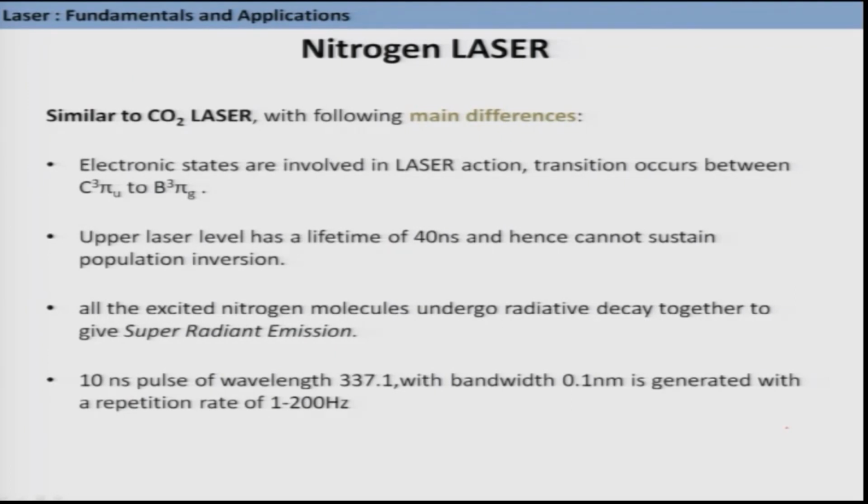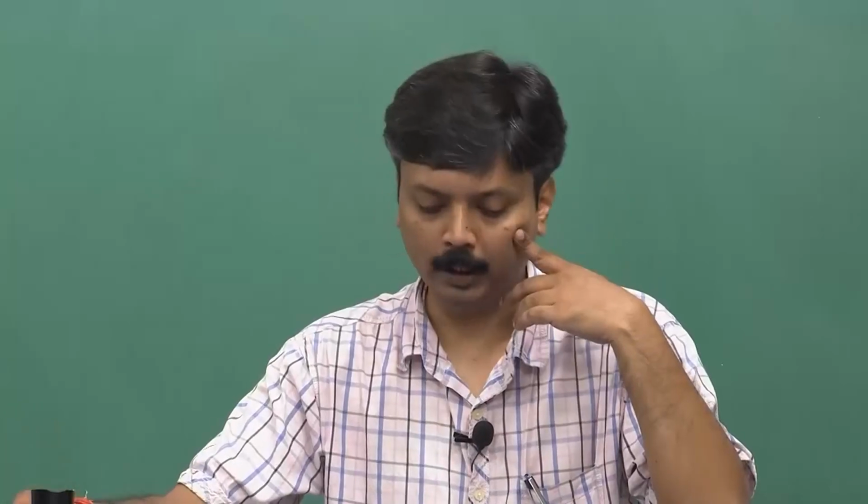and short pulses, around 10 nanoseconds, of wavelength 337.1 nanometers with a bandwidth of 0.1 nanometer are generated, and the repetition rate obtained from this nitrogen laser can be varied between 1 and 200 hertz.